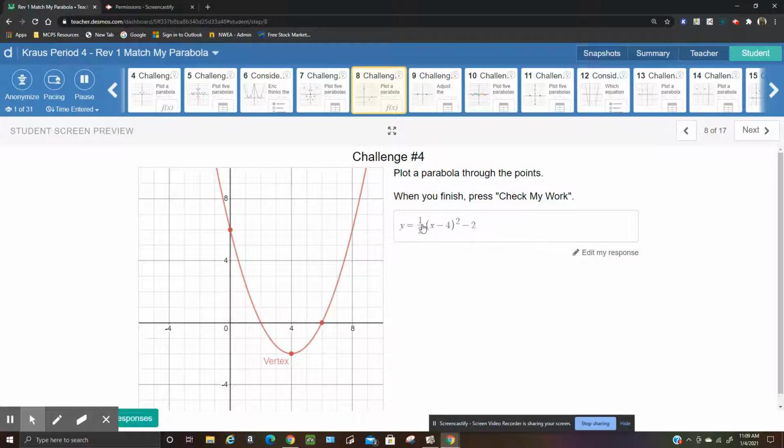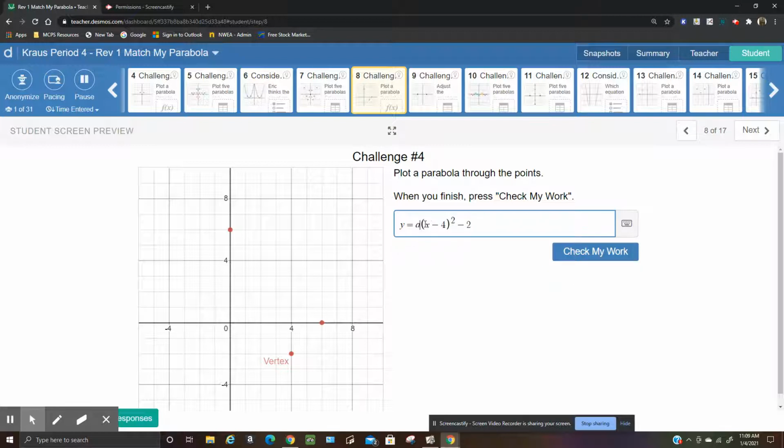And that works. Or you could do this algebraically. Plug in a point here. This point is 0, 6.